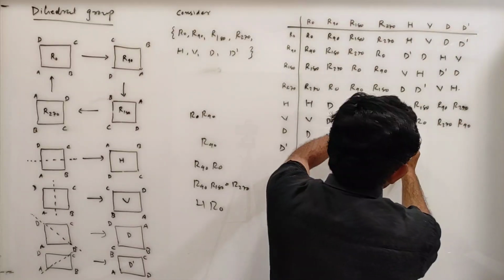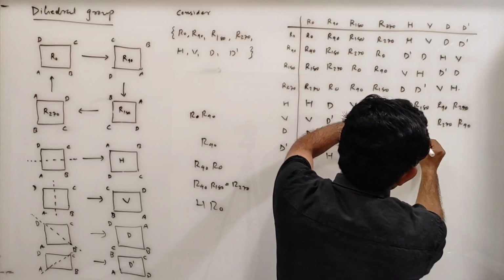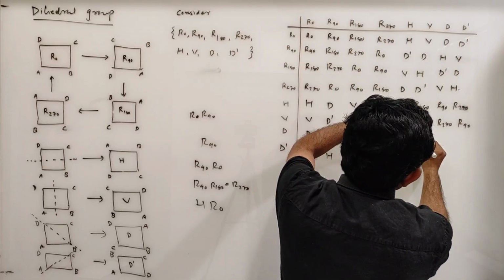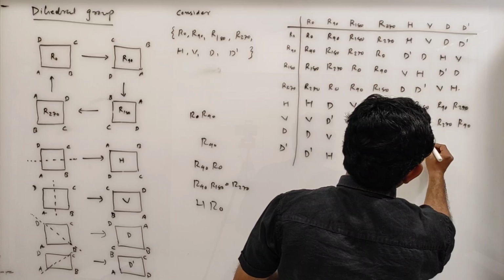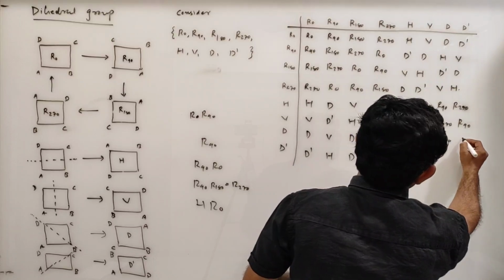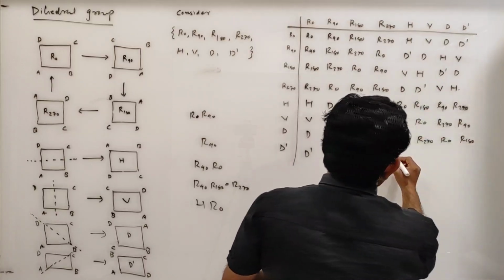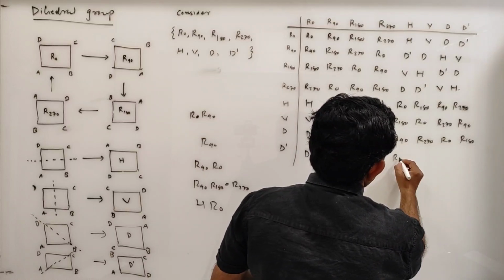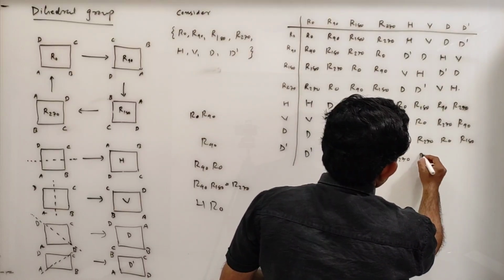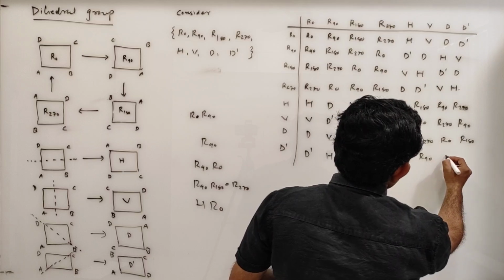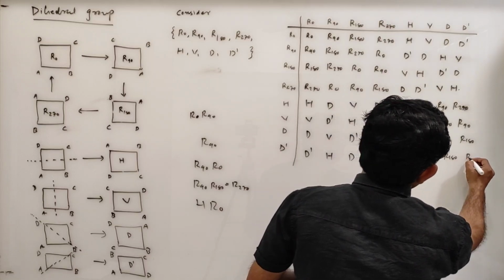This will be R90, this will be R270, R0 and the remaining is R180, and this will be R270, this will be R90, this will be R180 and this is R0.